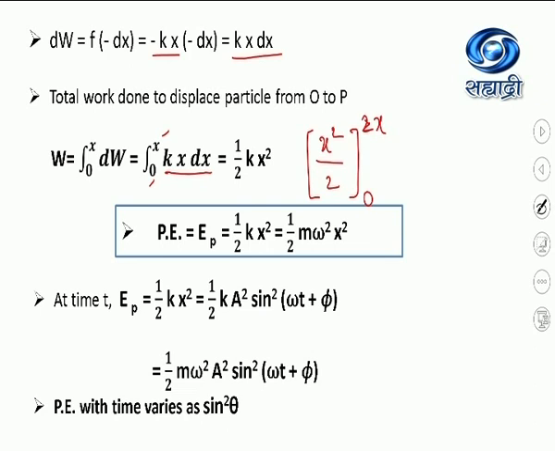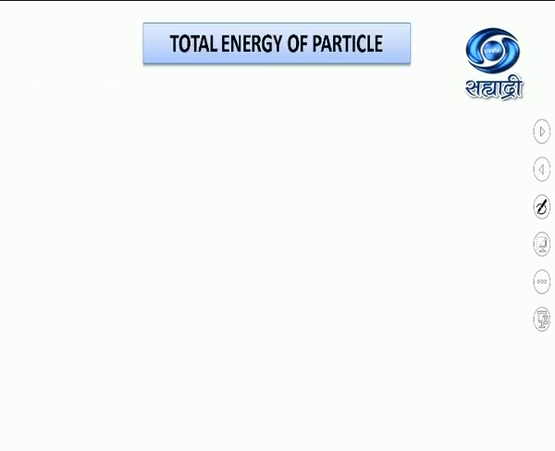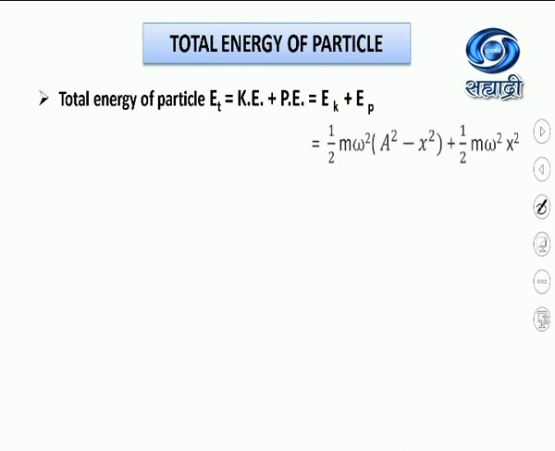So likewise we have derived the expressions for kinetic energy and potential energy for a particle performing linear SHM. To find out the total energy of the particle, let us sum these energies. So total energy is kinetic plus potential, that is Ek plus Ep.